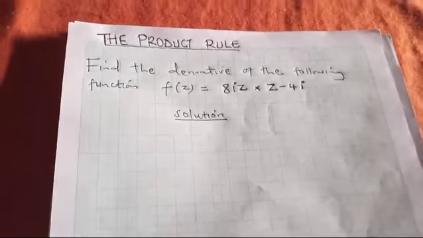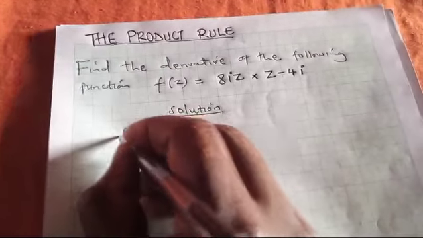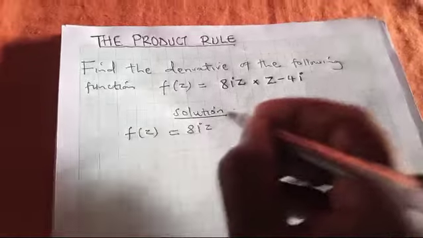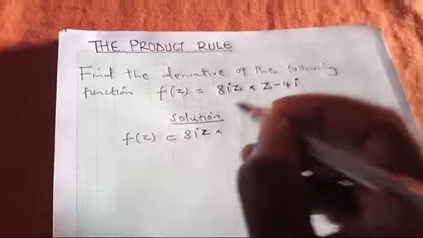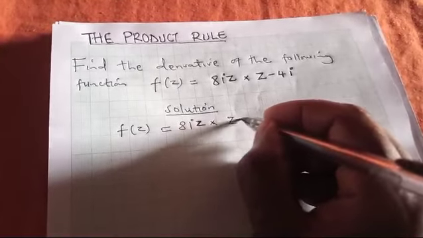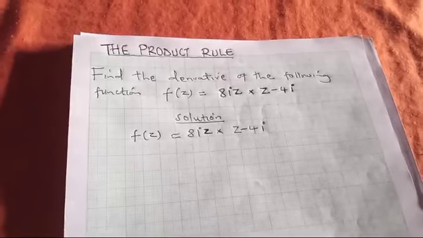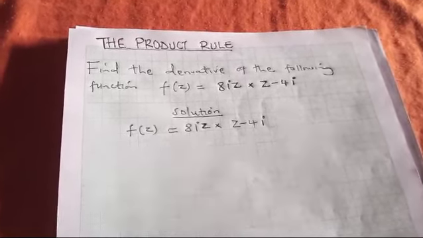Now, we have a function f of z given by 8iz, which we multiply by z minus 4i. So we want to use the rule of differentiation to help us solve this question completely.